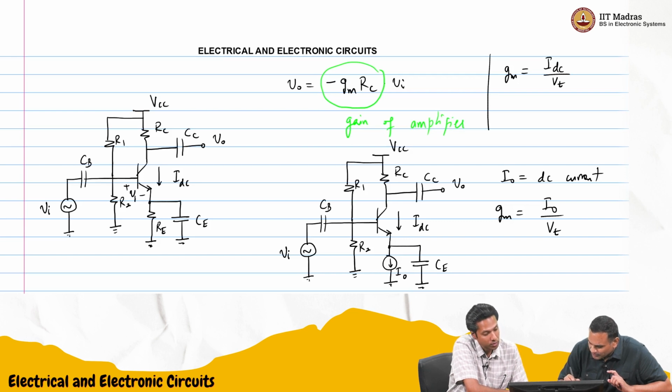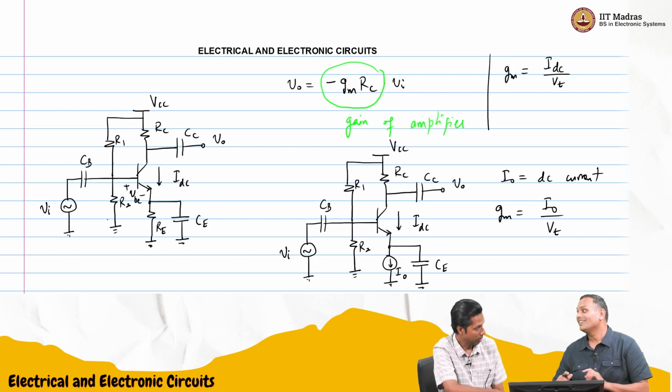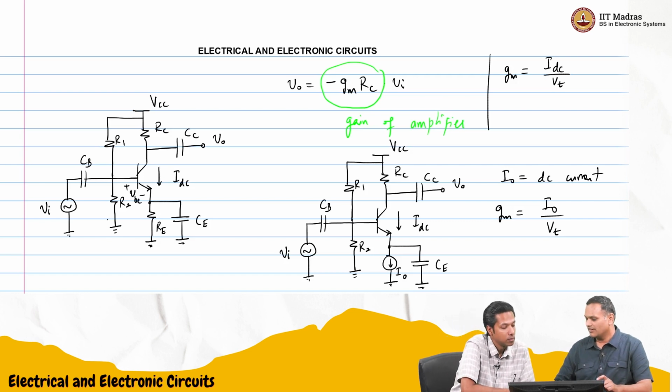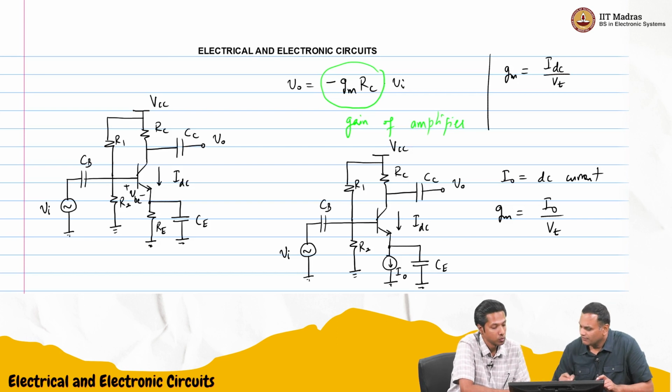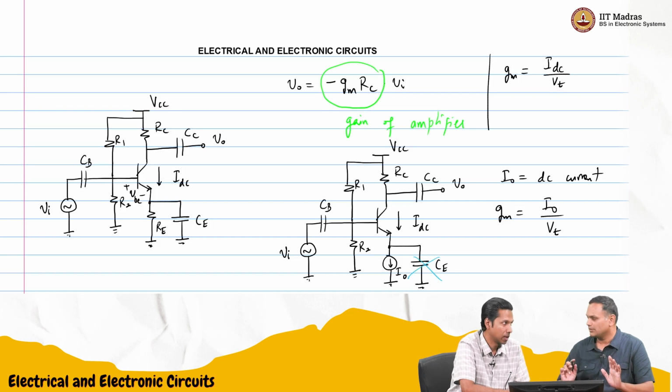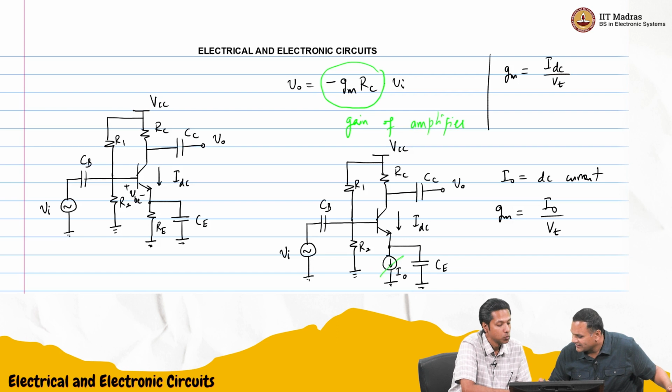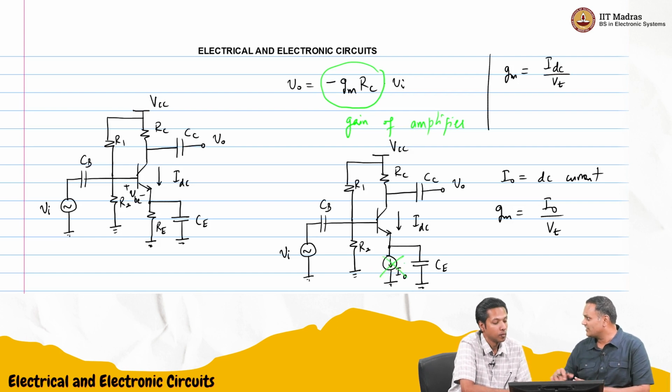So C has to give a very low impedance for the frequency of interest. I think that will still happen here because for DC, the capacitor will be open circuit, and only the current source will be there. For AC, the current source becomes open circuited. DC current means there is no change in the current.